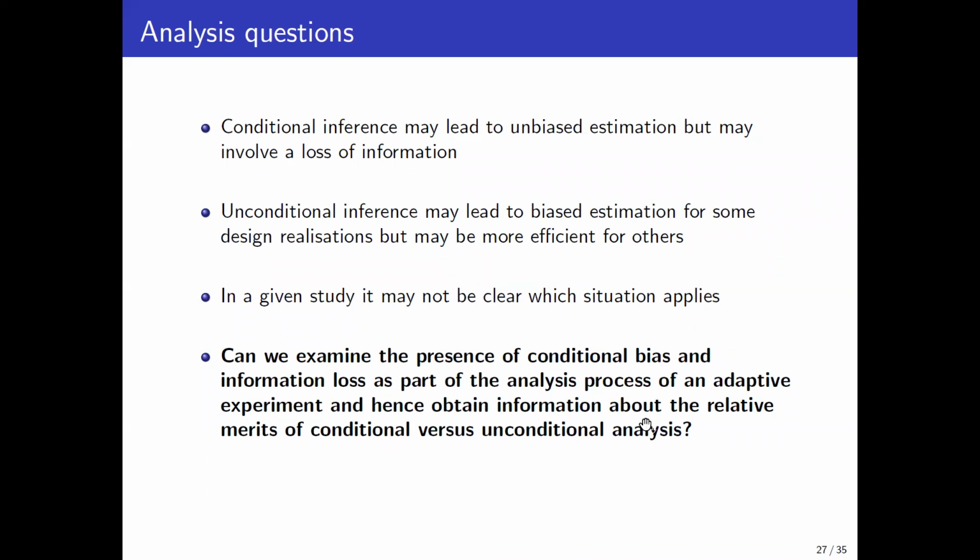And so the question is, can we examine the presence of conditional bias and information loss as part of the analysis process? So within a given study or within a given experiment, can we actually explore the extent to which we've got conditional bias versus information loss, and actually then make some assessments about which approach, conditional or unconditional, would be better for estimating the treatment effect?